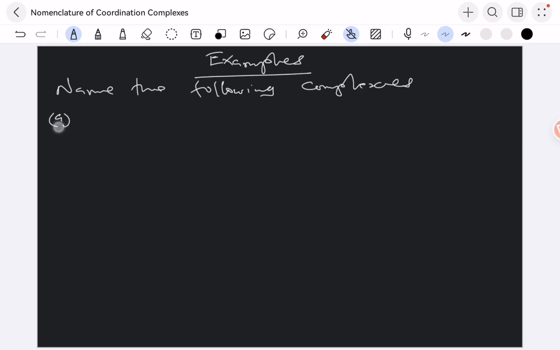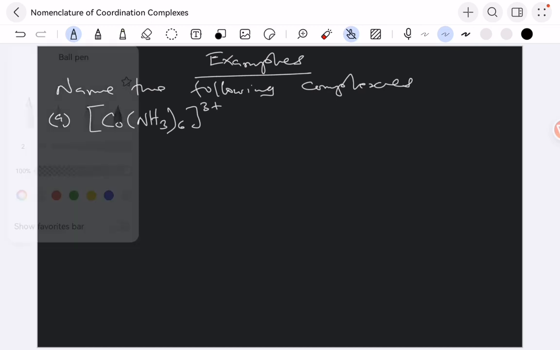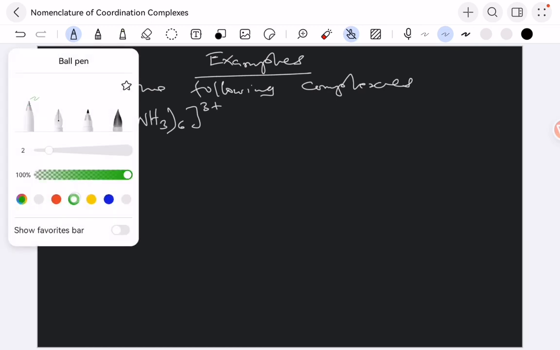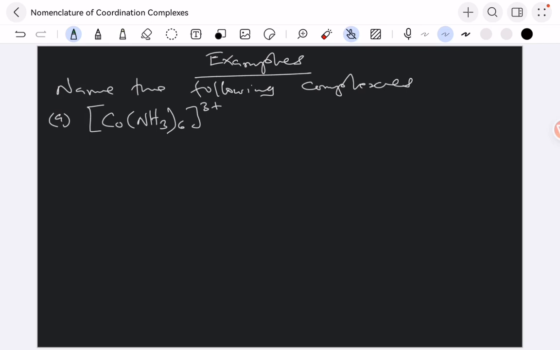What could be the name of [Co(NH3)6]3+? The first thing we have to identify is what ligands we have. The ligand we have here is ammine. How many are there? They are 6, and 6 means hexa.